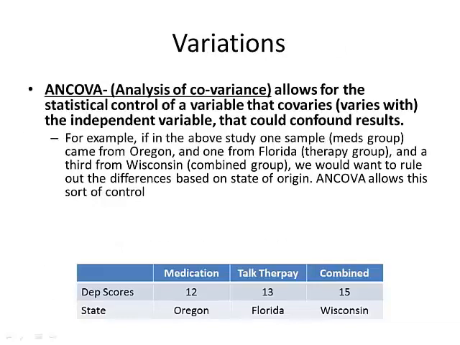There are variations of the analysis of variance, including the ANCOVA, the analysis of covariance, and this allows for statistical control of a variable that covaries or varies with the independent variable that might confound your results. So remember, we talked about a confound being a variable that systematically varies with and can confuse your results.